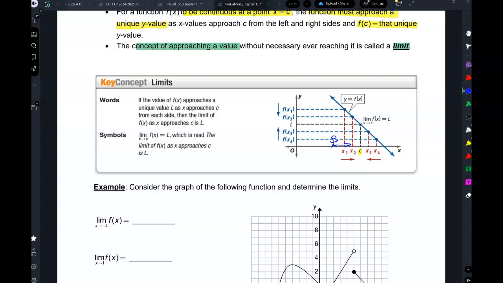If you're at the location of x1, where's the graph? It's right here above you, right? Now, if you move closer to C, does the graph move up or down? Down. And if you move closer towards like x2, the graph moves further down. And as you move closer and closer to C, the graph moves further and further down.